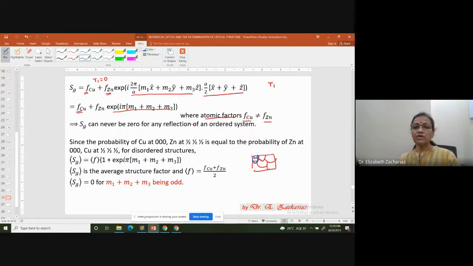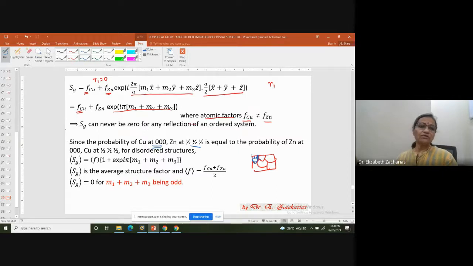But when you come here, the 0, 0, 0 may be occupied by zinc. So the probability that copper is at 0, 0, 0 and zinc at half, half, half is equal to the probability that zinc is at 0 and copper is at half, half, half. That is simply because of the disordered nature of the material. There are different crystallites of different orientation.